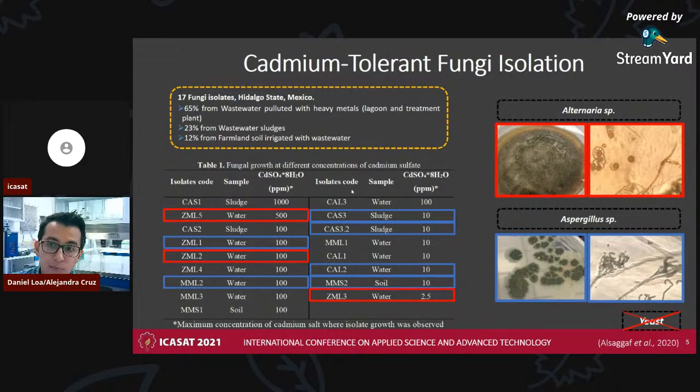It is important to mention that last year, the Aspergillus genus was reported for cadmium sulfide nanoparticle synthesis ability, and on the other hand, Alternaria was investigated for its ability to synthesize silver nanoparticles.